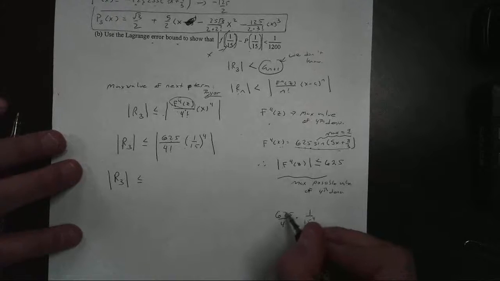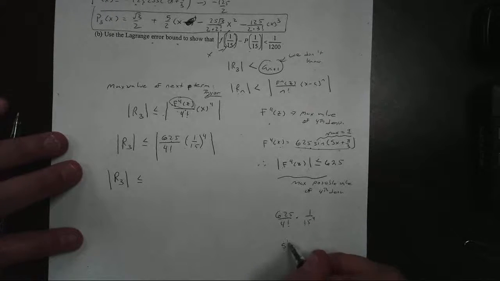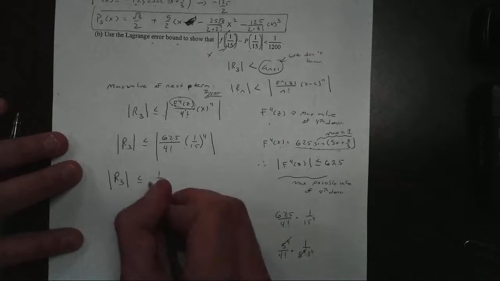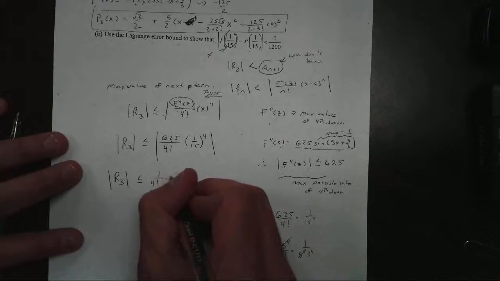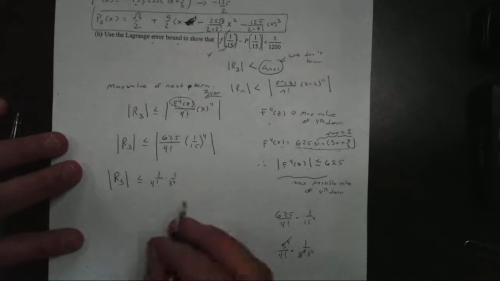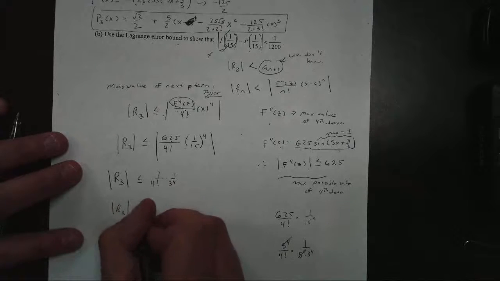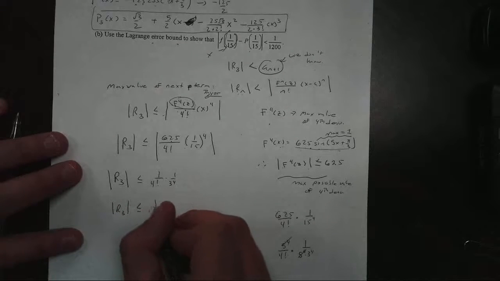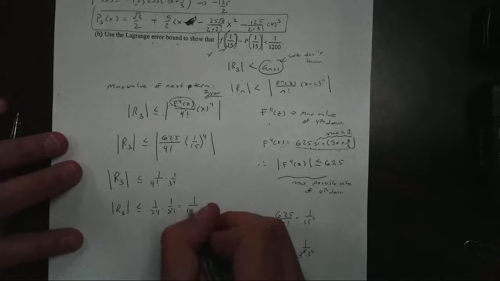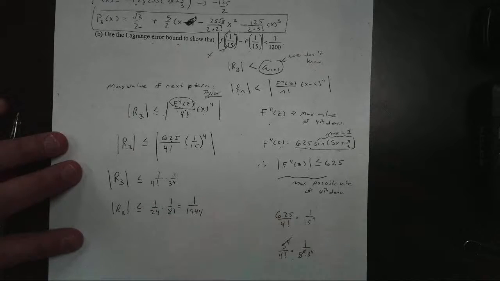And really cool algebra, 625 is 5 to the 4th over 4 factorial times 1 over, oh look, 5 to the 4th times 3 to the 4th. Those cancel. And I get 1 over 4 factorial times 1 over 3 to the 4th. And using quick calculation, this is just 1 over 24 times 1 over 81, which is 1 over 1944.